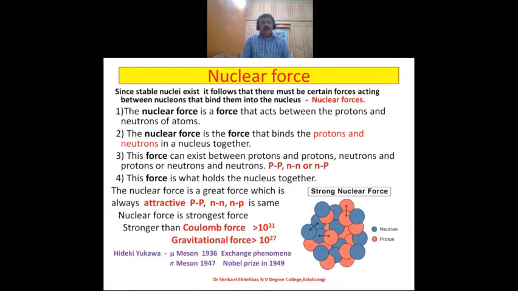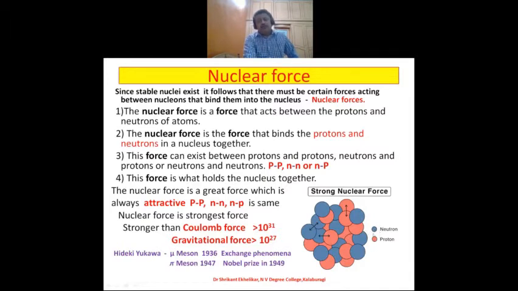So we know that the nucleus, as you look at this diagram, is in a very small region, and you also know that its dimension is 10 to the power of minus 15 meters, or 1 or 2 Fermi. In this small region of the nucleus, there are protons and neutrons.